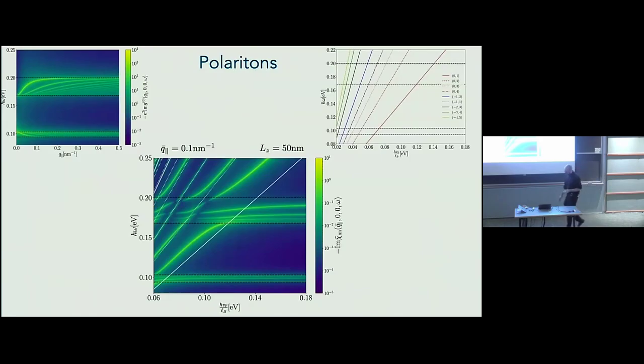And you can see that the white continuous lines are dipole allowed, and these dotted ones are dipole forbidden. You can see that all of them are modified by the cavity. And you can see that here there is this hybridization that is coming from this part. So this is really a resonant effect.